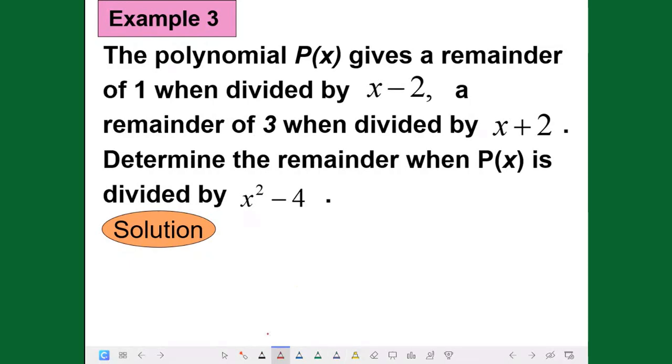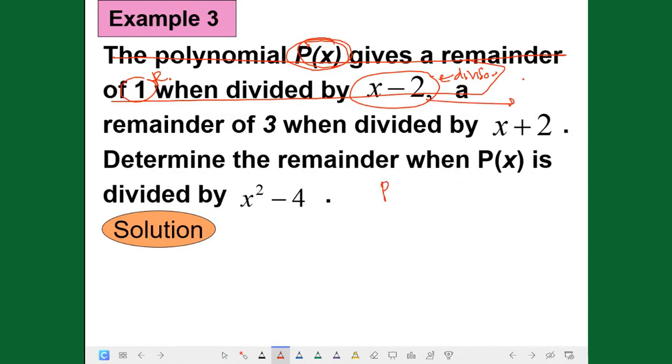So, the polynomial Px gives remainder 1 when divided by x minus 2. The way to interpret the first sentence is to read it to the maximum. The polynomial gives remainder 1 when divided by this, so x minus 2 is equal to 0, x is equal to 2.